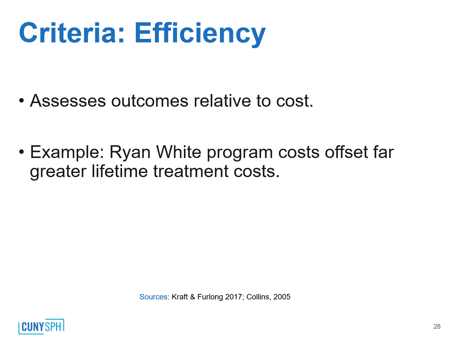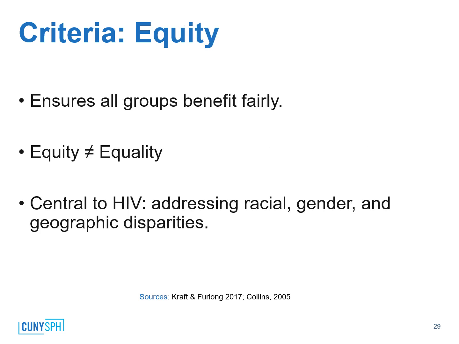Another criterion is efficiency. Are the benefits worth the cost? For example, the Ryan White program is efficient because its costs are far outweighed by savings from avoided hospitalizations and improved health. Equity asks who benefits and who is left behind. A good policy reduces disparities rather than widening them.